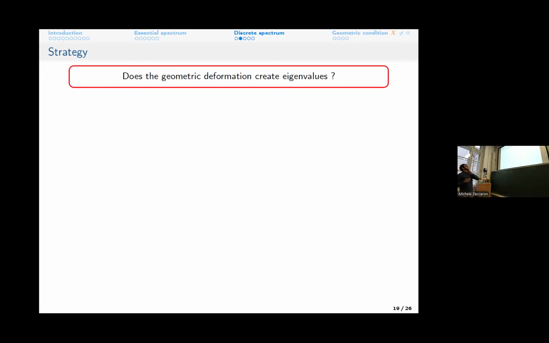And in general, one can also look at embedded eigenvalues that lie in the essential spectrum. So here the discussion will be reversed with respect to the previous section. I will first introduce the strategy and then show you the result and comment on the main result. I thought it was more fluid, so hopefully it works well.